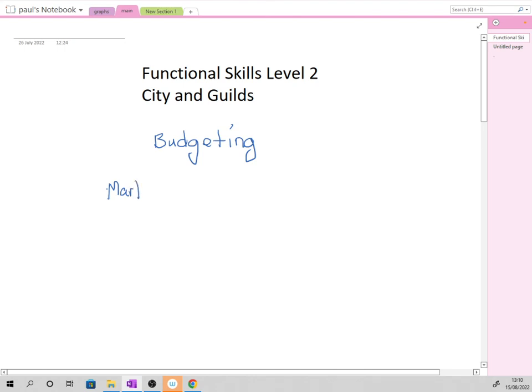Right, so we're going to have a market stall, and we've got the rent. I think we'll just hopefully make the numbers nice and easy. The rent, £50. The items that you're going to buy in order to sell on this market stall, we'll call that £150.